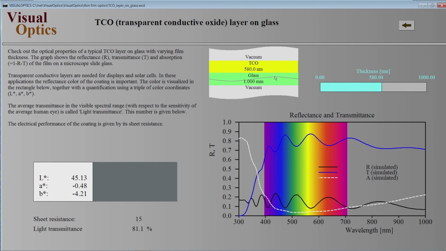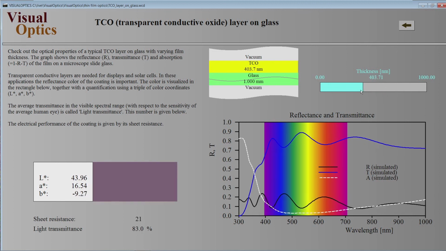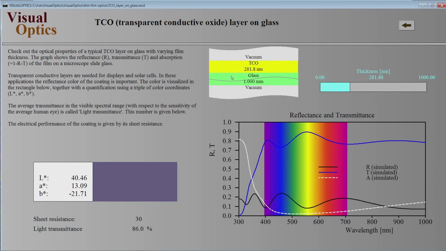In the touch display, for example, you have more coatings than this, or in an electrochromic window, you have several layers, in particular 2 TCO layers, and in this case, the coherent superposition of waves in thin film systems is very important to be taken into account for the design of the total product.